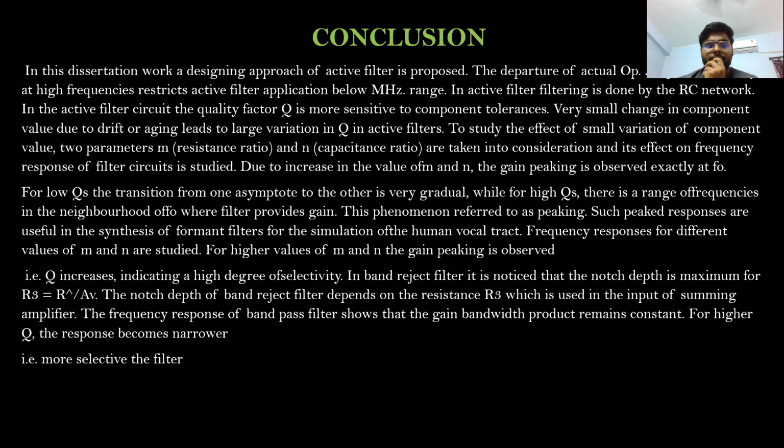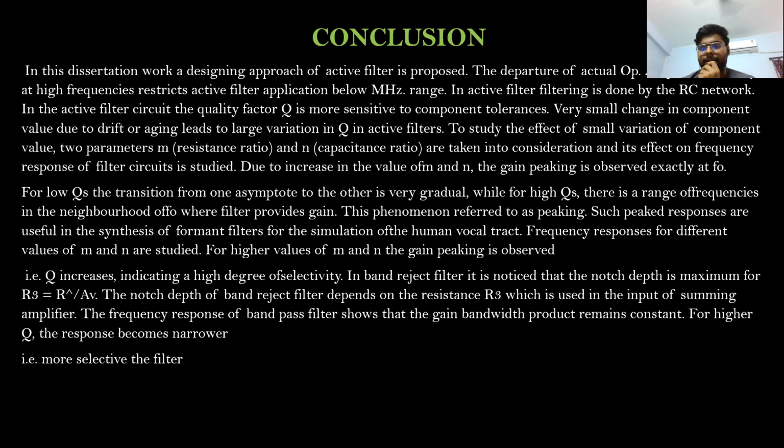Such peaking responses are useful in the synthesis of permanent filters for the simulation of the human vocal tract. Frequency responses for different values of M and N are studied. For higher values of M and N, gain peaking is observed. That is, Q increases, indicating a high degree of selectivity.